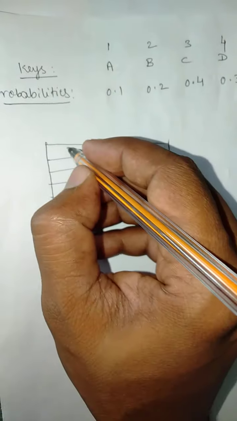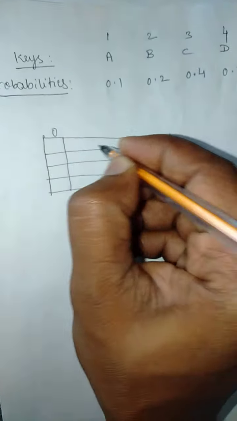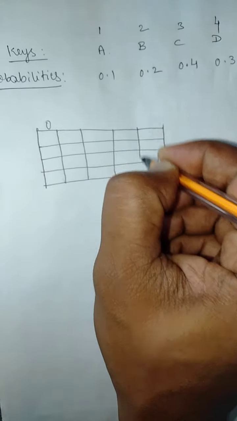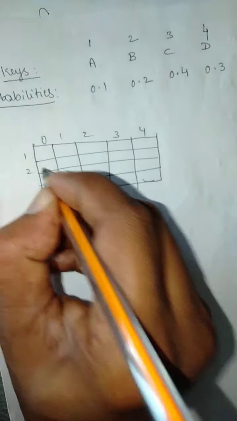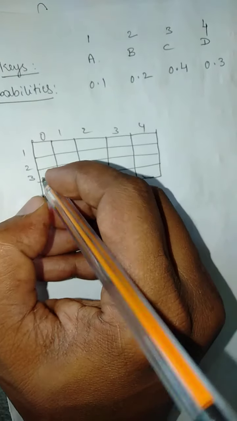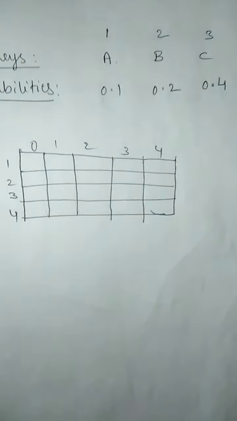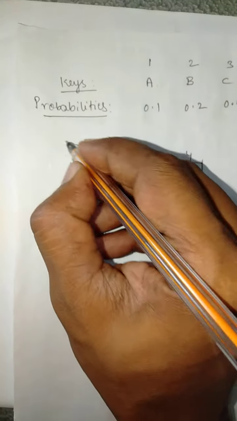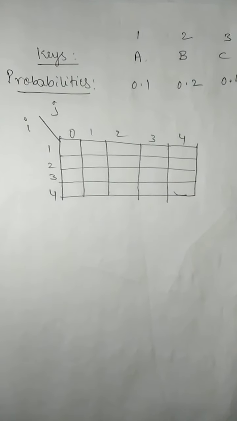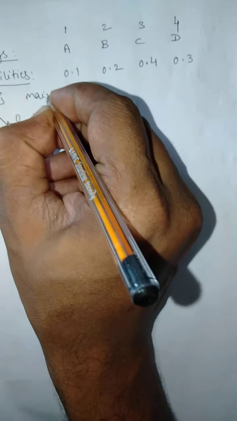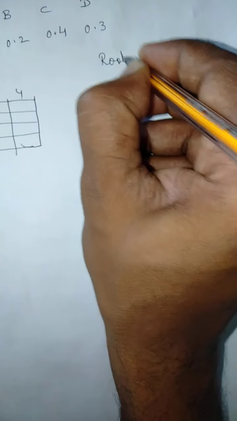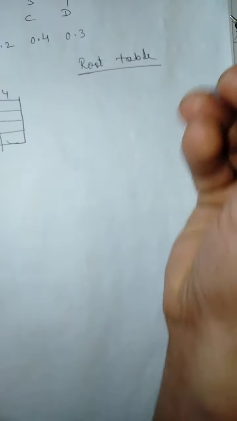Therefore, the columns should be 0, 1, 2, 3, 4, and the rows should be 1, 2, 3, 4. This indicates i, this indicates j. This is the main table. Similarly, you also have the root table, and both tables simultaneously you have to go on filling.